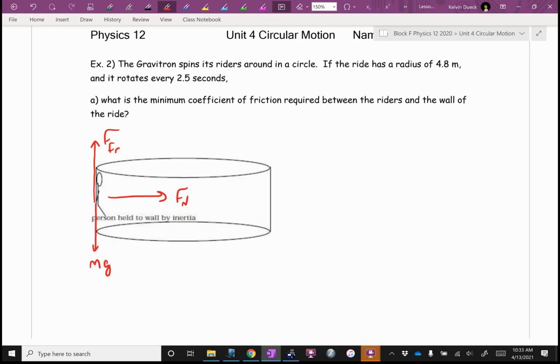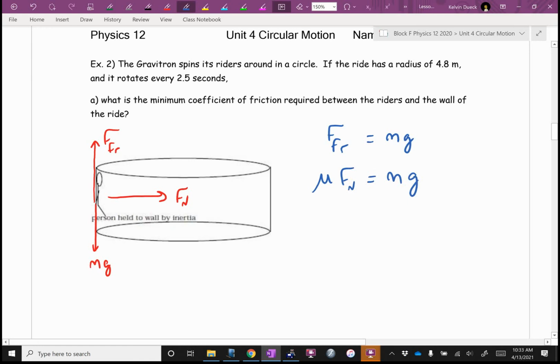No. Are we accelerating up? No. So vertically, it's a tie. Vertically, I can say friction equals mg. Vertically, I can say mu times the normal force equals mg.